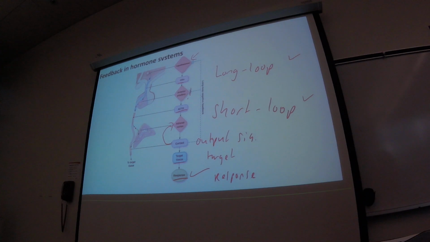We're using this output signal now to be our negative feedback here. And that's because that's a much more concrete thing to use as a negative feedback. That has a quantity, it can be measured, it has a concentration. Growth on a whole body scale is much harder to quantify, much harder to use to create negative feedback.